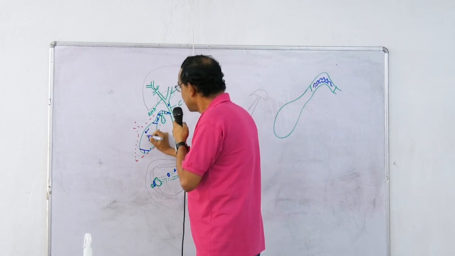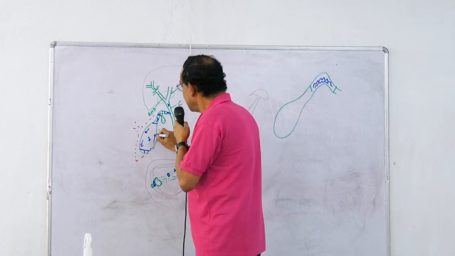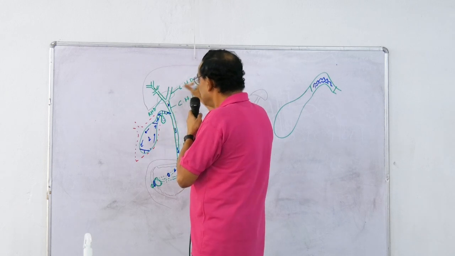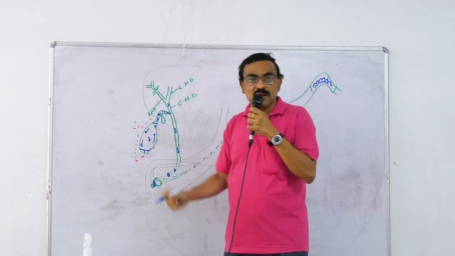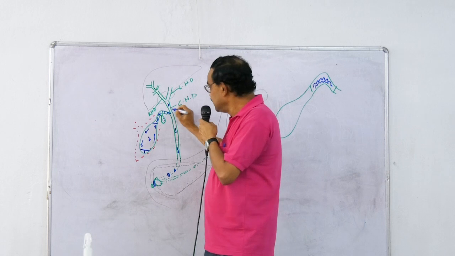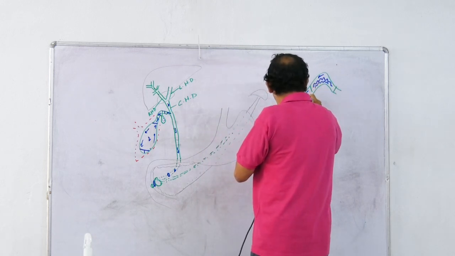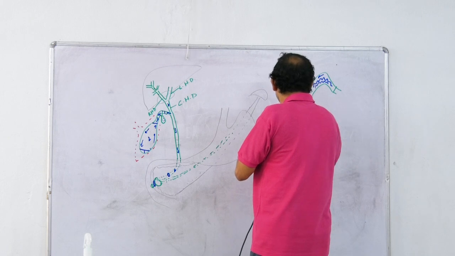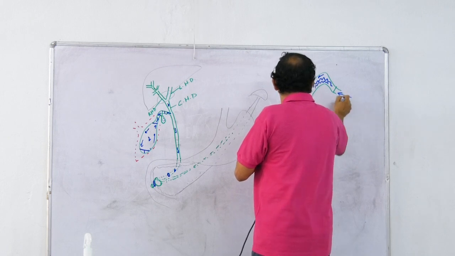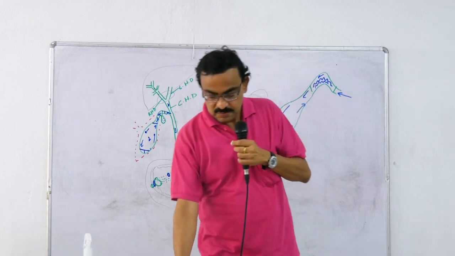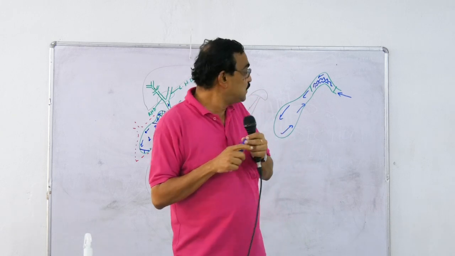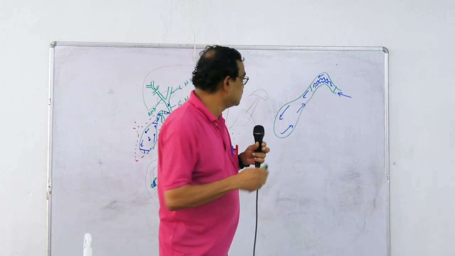Okay. Again, when there is contraction of the gallbladder, it will come out through this area. So, bile is coming through the cystic duct.